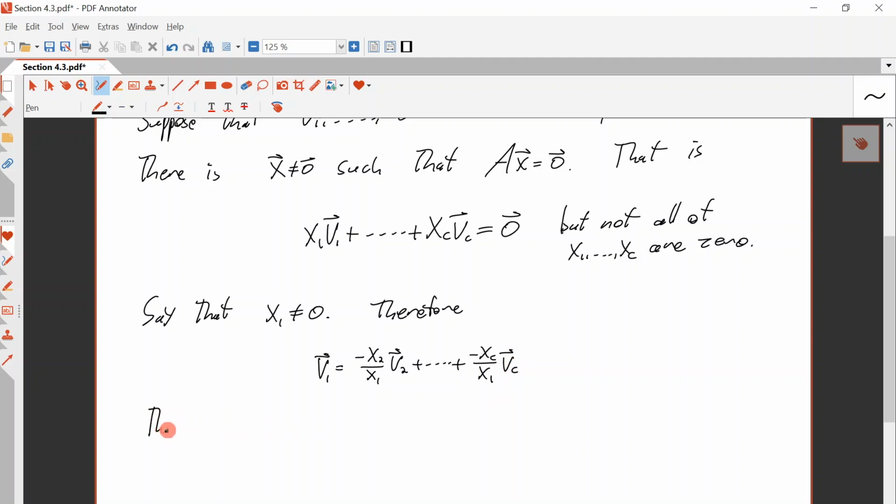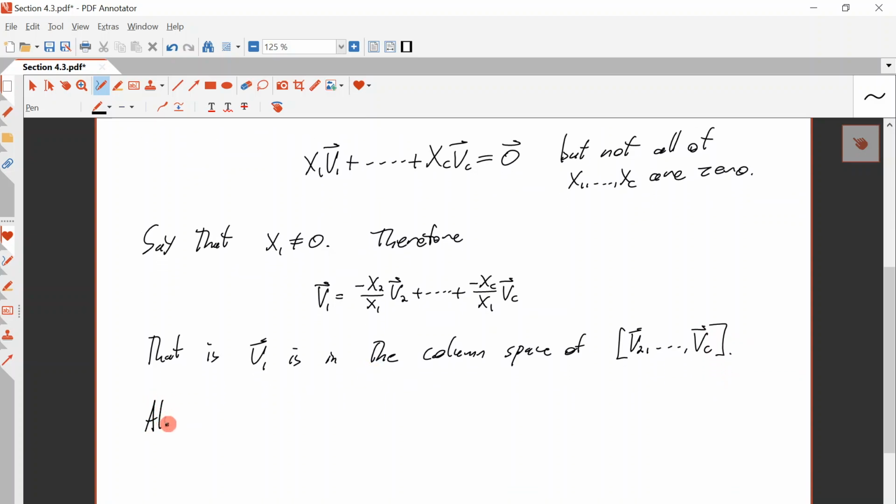That is, v1 is in the column space, or the span, of v2 through vc.